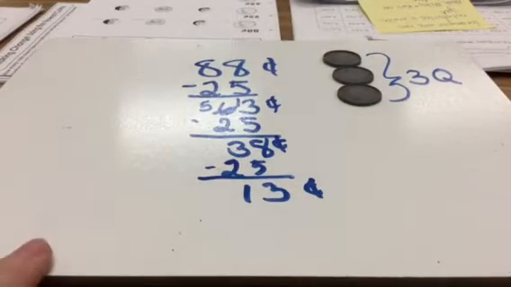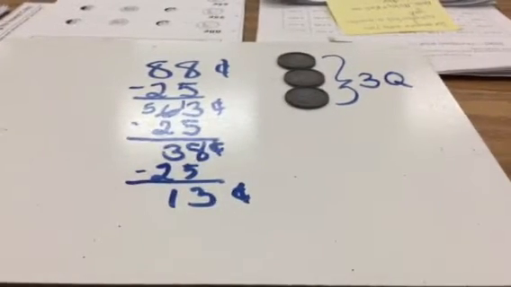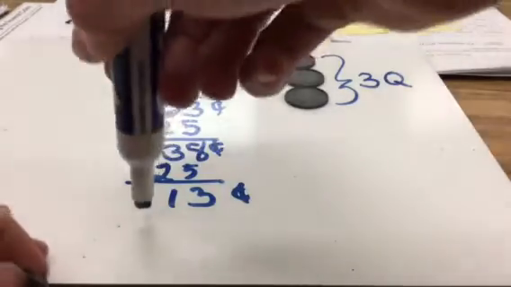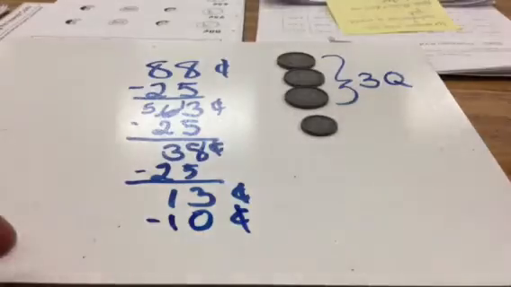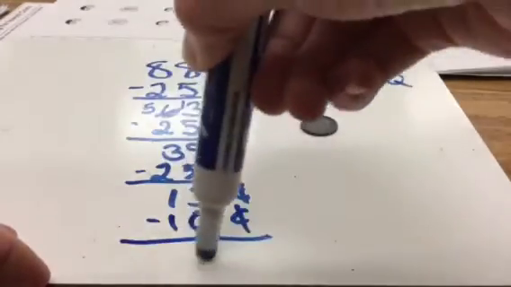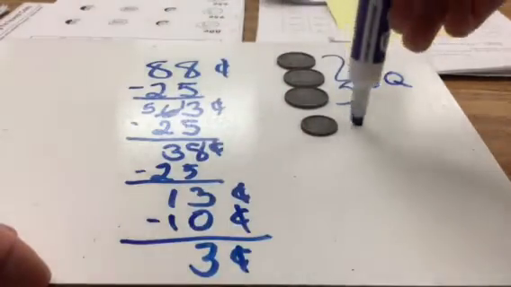So I'm going to go to the next biggest value, which is a dime. Dime, dime, little and thin, I remember you're worth 10. Can I use any dimes? Well, if I have 13 cents, I certainly can use a dime that's worth 10 cents. So 1 dime, and I have 3 cents left.